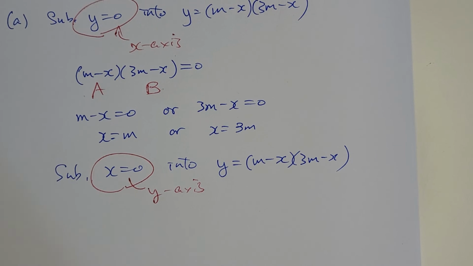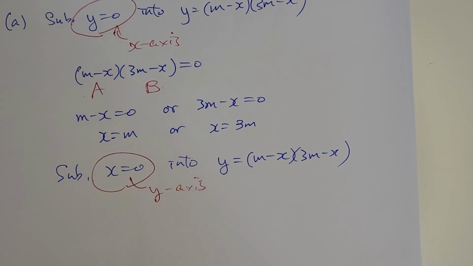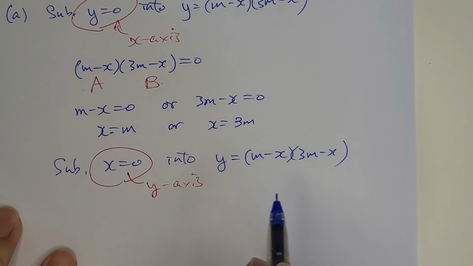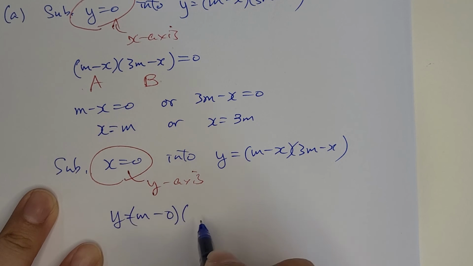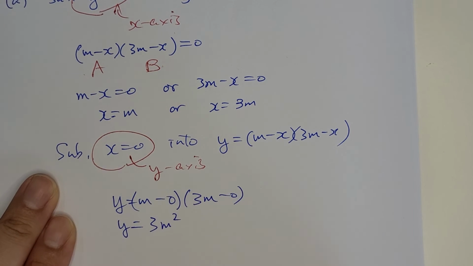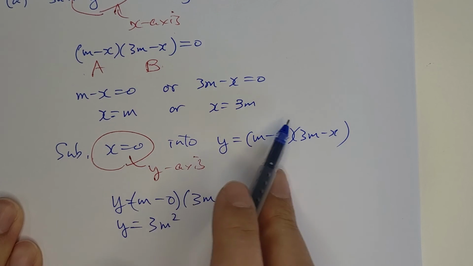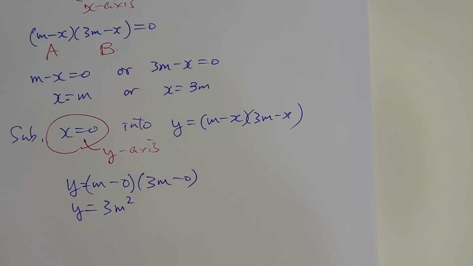So you are finding the intersection of the graph and the y-axis, the position it cuts is recorded as the y-intercept. So y equals m minus 0 multiplied with 3m minus 0, and y equals 3m squared. So you have the x-intercepts, you have the y-intercept, then you can sketch the graph now.